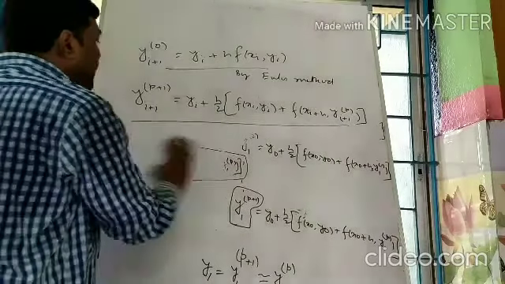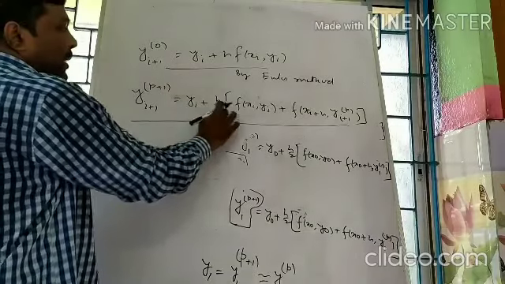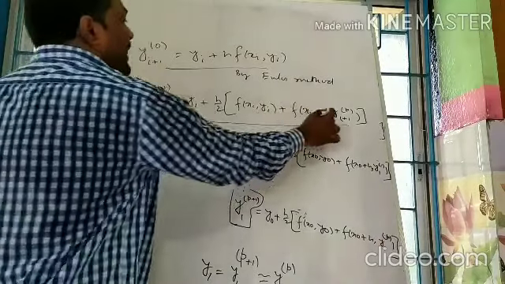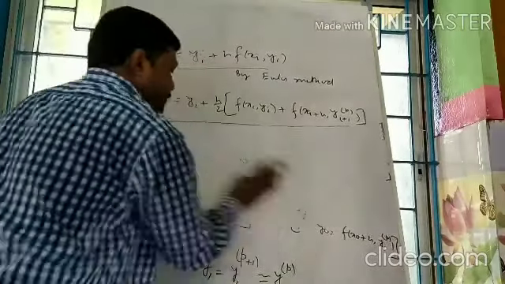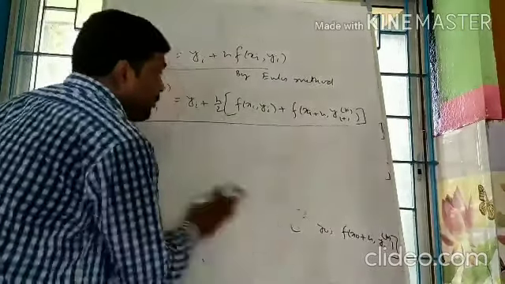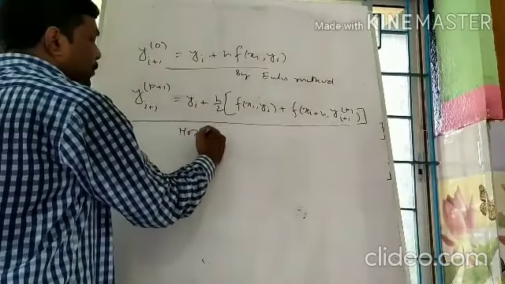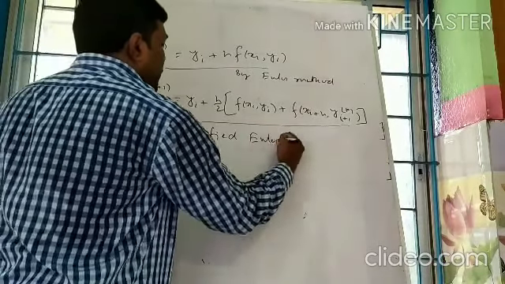That is, y(i+1)^(p+1) is yi plus h by 2 [f of xi, yi plus f of xi plus h, y(i+1)^(p)]. This is the modified Euler method.